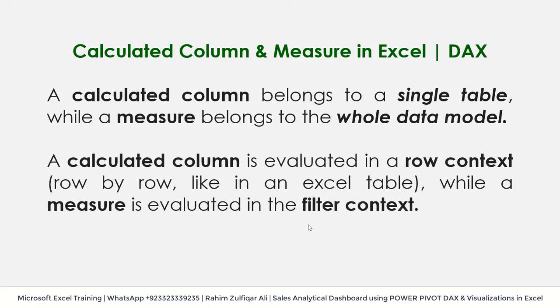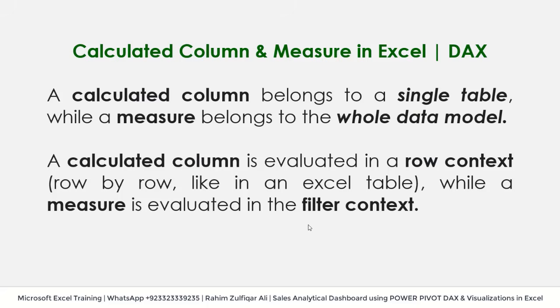Furthermore, a calculated column is evaluated in a row context, meaning when you add an additional column in a certain table, that calculation runs row by row, while a measure is evaluated in filter context, because in the measure we can call out any column from the table, from multiple tables or multiple columns.